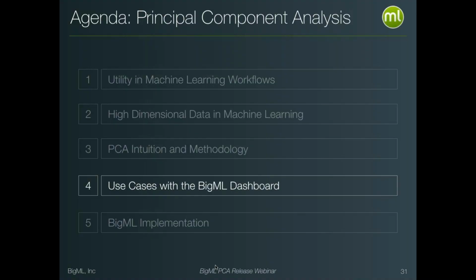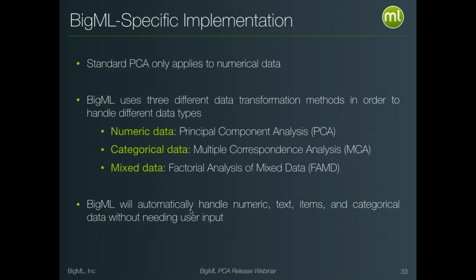And finally, let me just talk quickly about the BigML-specific implementation of principal component analysis. What we're referring to as principal component analysis is actually an umbrella term for what's built into this functionality at BigML. Standard principal component analysis will only apply to numerical data, but BigML actually has 3 different data transformation methods built into what we're just referring to as PCA in general, that can handle all different data types.